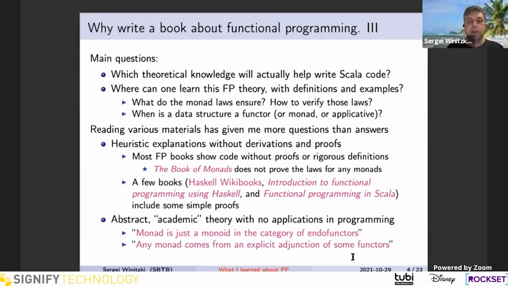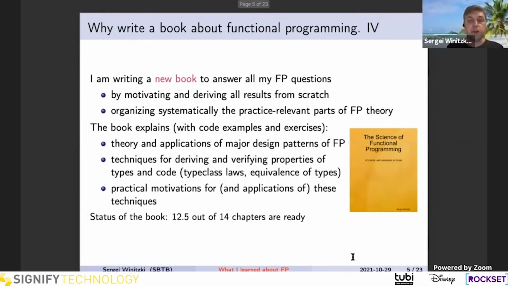So this is what motivated me to write a book. I want to show the correct scope of theory that is necessary, that is helpful, and I want to avoid theory that is not helpful.